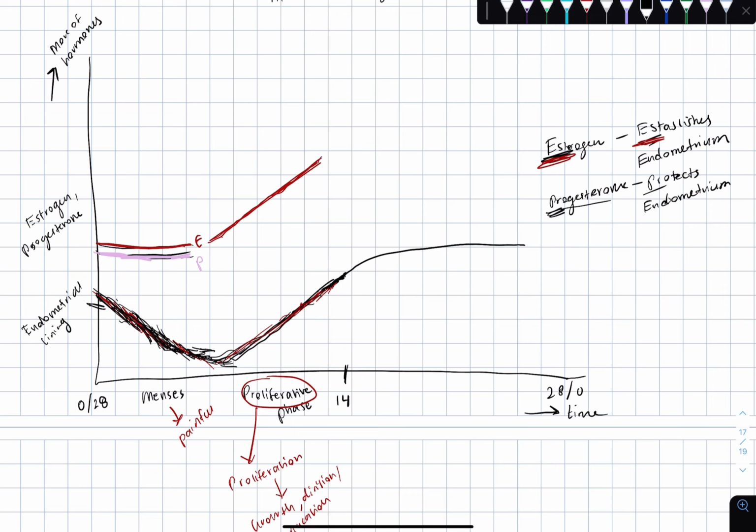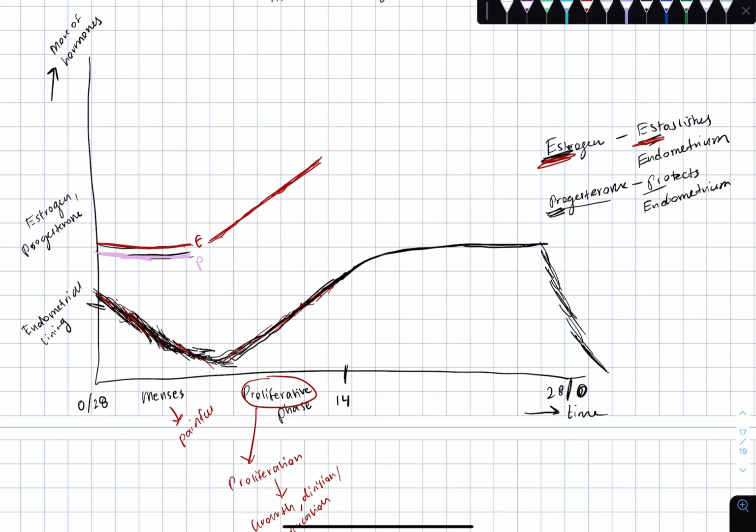Now, if we go back to the endometrium, once it is established, it will remain like this until we enter the last day or the first day of the menses again. And then it'll start to shed again, and then we'll have this whole cycle repeat again, right?